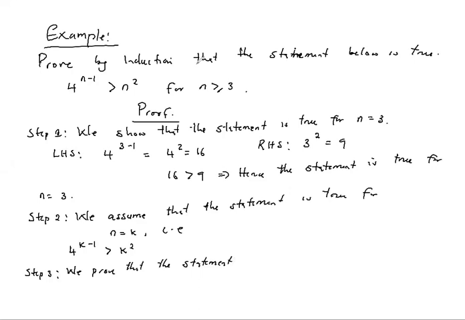Where 4 to the power n minus 1 should be greater than n squared. Oh, okay. So the 4^(n-1), which is 4^(3-1), which is 16, is greater than the n squared, which is 9. So the statement is true there.